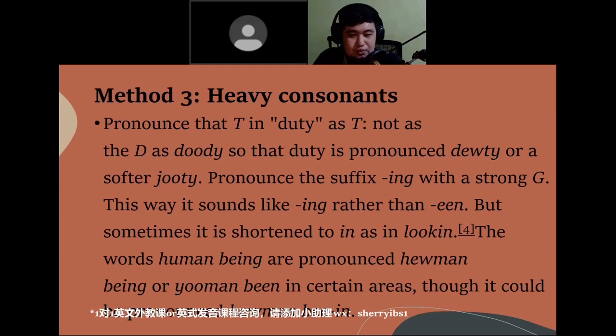The words "human being" are pronounced as "human being", though in certain areas it could be pronounced differently. So pronunciation is key, as I've mentioned.